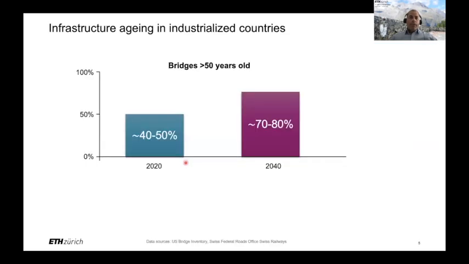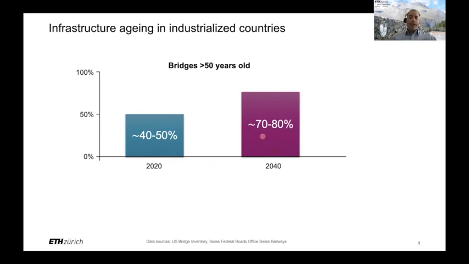Now, the problem is it causes a lot of costs already today, but the problem is that infrastructure in the industrialized countries is continuously aging. Roughly today, the fraction of bridges that are more than 50 years old is 40 to 50% in most industrialized countries. And within the next 20 years, we expect that this figure will rise to around 70 to 80%.